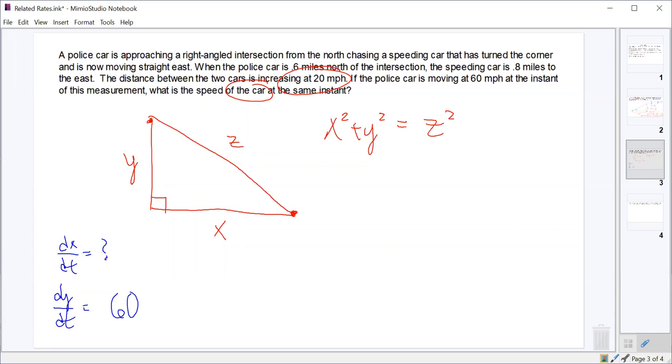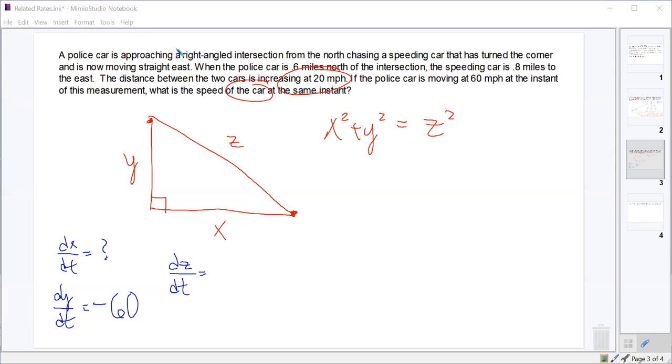Smaller. So anytime the distance is getting smaller, its rate of change has to be negative. So we'll call that negative 60. Everybody good with making that negative 60? Okay.